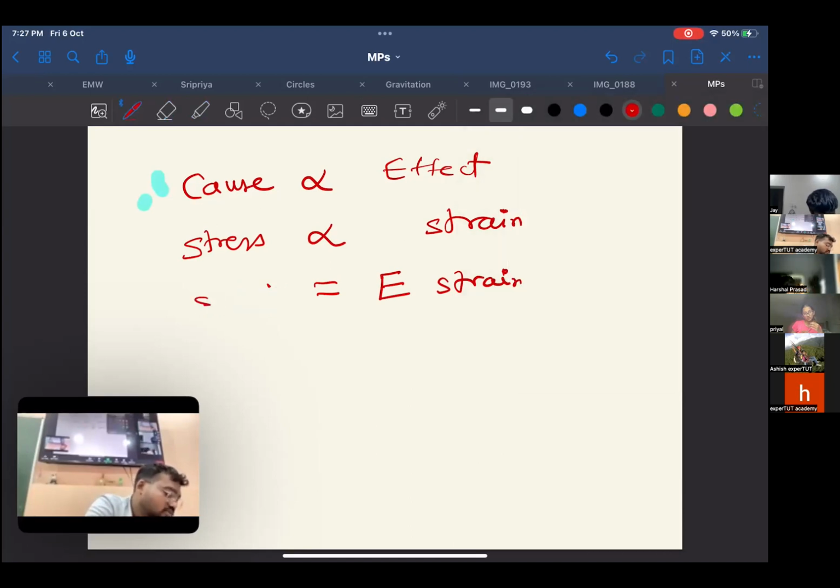Stress is equal to E strain. ओ सॉरी, गलत लिख दिया. Stress is equal to E strain.